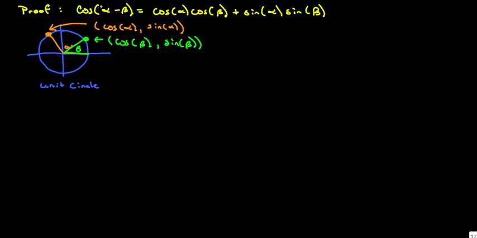Now this angle in between, we'll draw it here in purple. This angle in between right here, that is alpha minus beta. So this angular measurement right here is alpha minus beta. Okay, so let's draw a little arrow up into there.